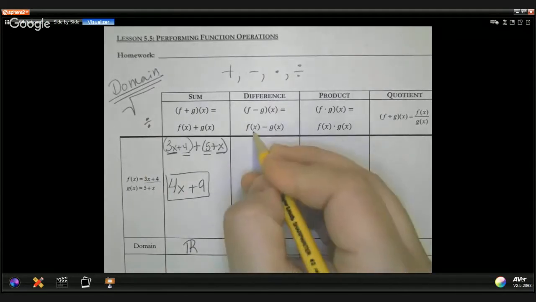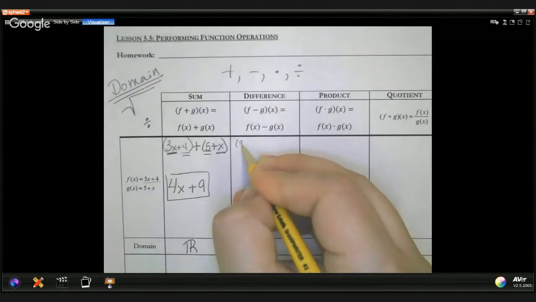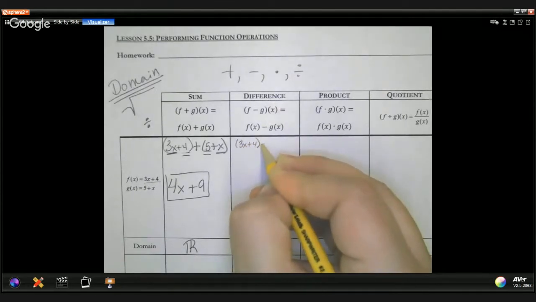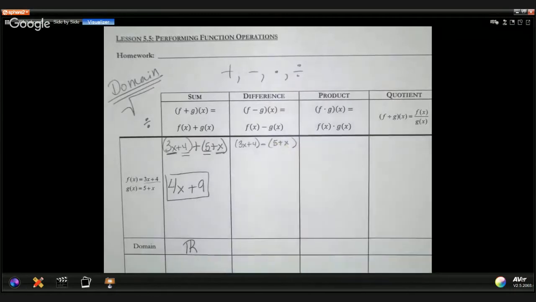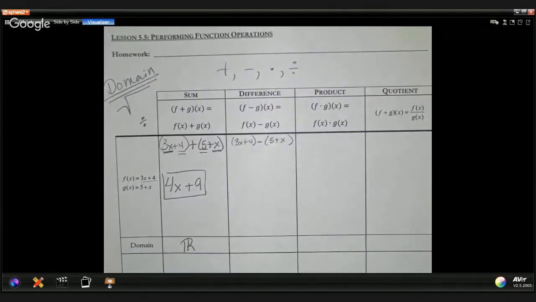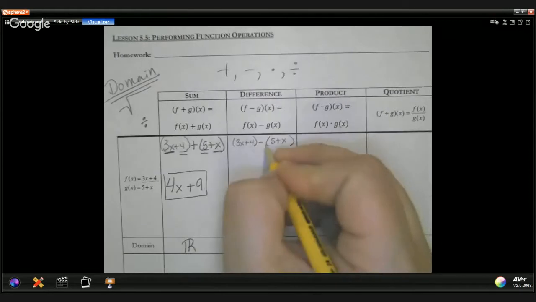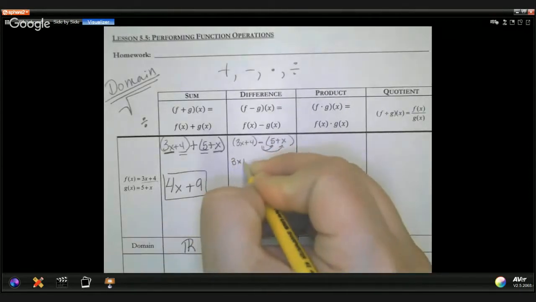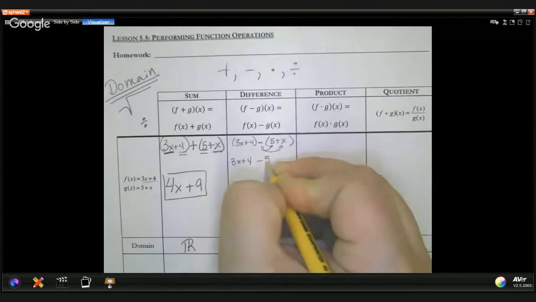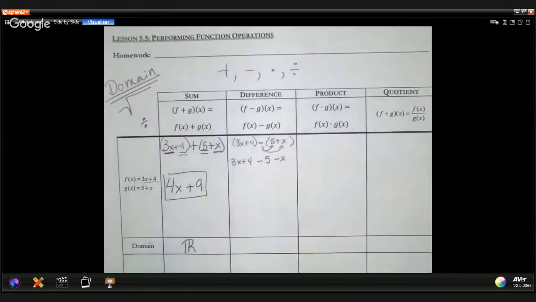All right, so the next problem is different. I'm going to take my f function, which is 3x plus 4, and I need to minus my g function, which is 5 plus x. I think what people will make the biggest mistake here is that they will forget to distribute the negative. So it's going to be 3x plus 4 minus 5 minus x.